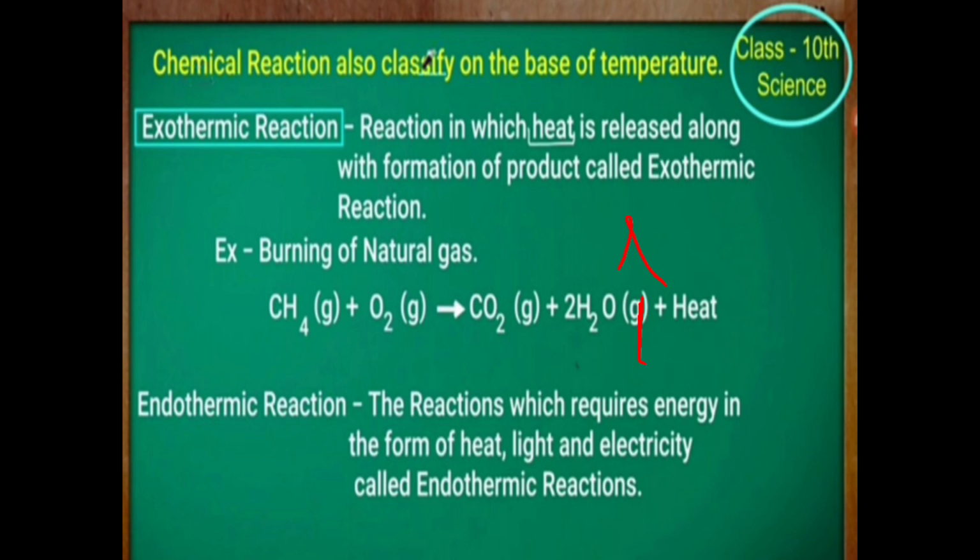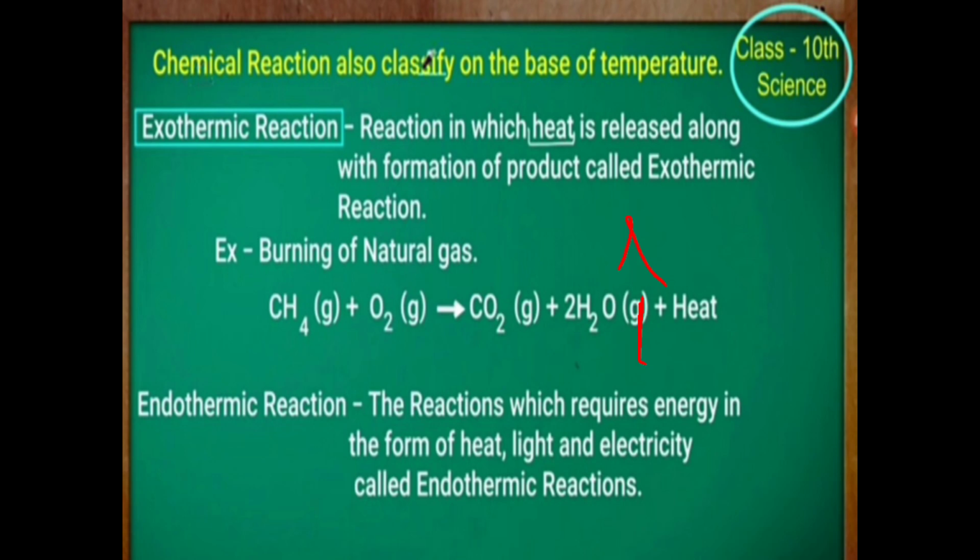Examples of endothermic reactions are all the examples which we studied in displacement reactions. That is, thermal displacement reaction, electrolytic displacement reaction and photolysis displacement reaction are all examples of endothermic reactions, because those reactions also involve the presence of heat, light and electricity.